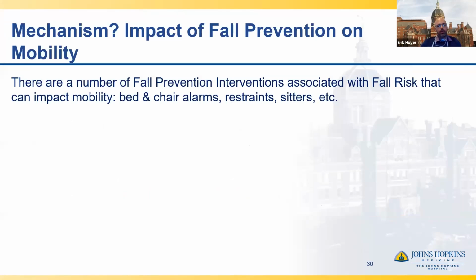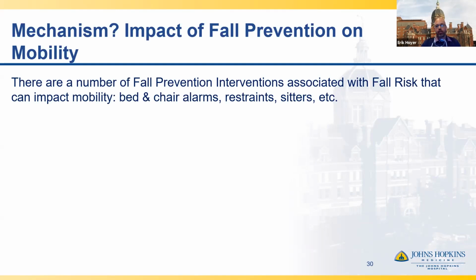So the other thing that we've been looking at is what's the mechanism? Is there something about the impact of fall prevention interventions on mobility? One of the things that members of the nursing team do is that when they score the JFRAT, they also select some interventions that they want to implement for the patient, and that's part of their workflow.